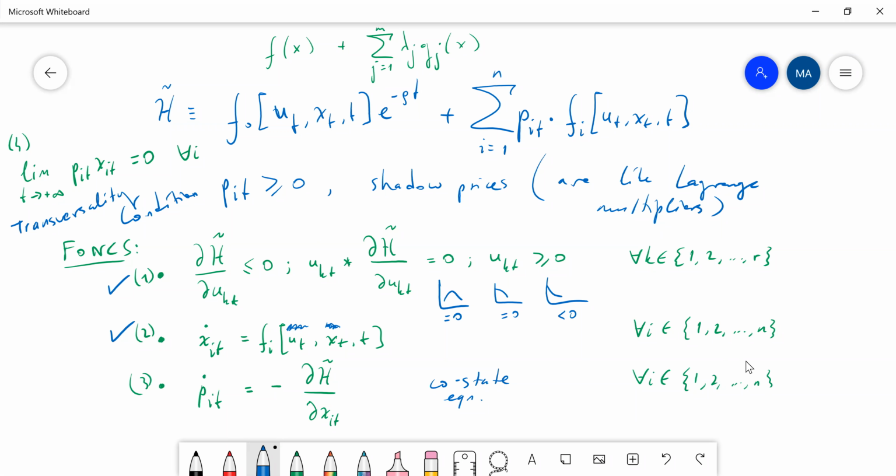Now, what does this tell you? Think about it. Translate this mathematical thing into English.